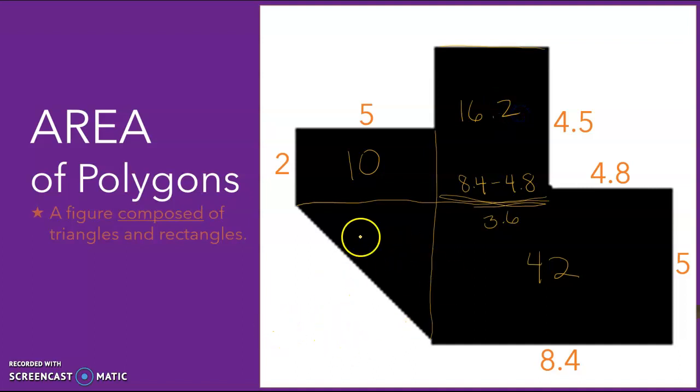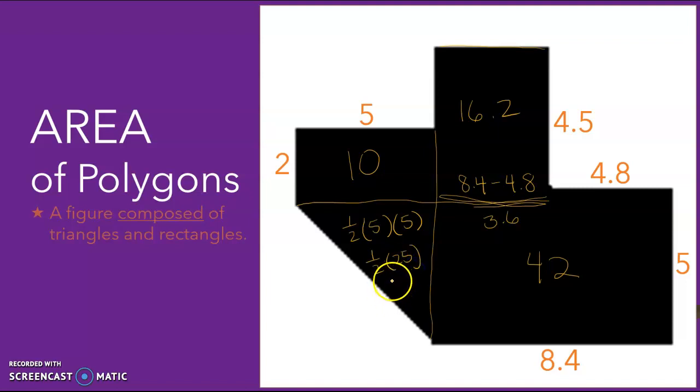Now, how do we find the area of this triangle? Remember, area of a triangle is 1/2 base times height. Since the base of the triangle is the same length as this rectangle, 5, and the height of the triangle is the same length as the height of this bigger rectangle, 5, this means the area of that triangle is half of 25, 5 times 5.